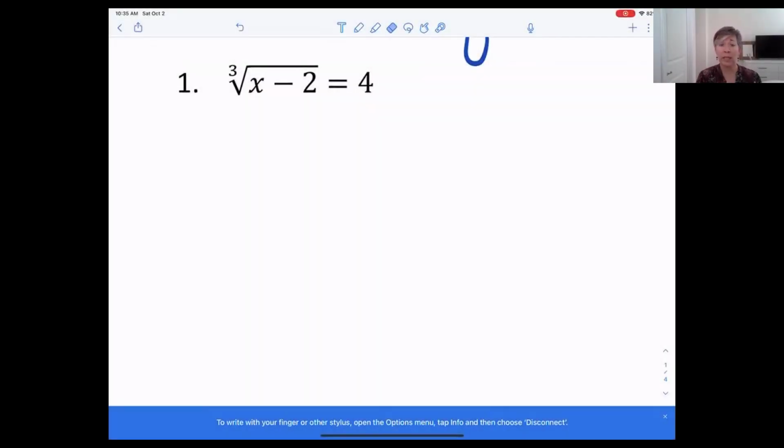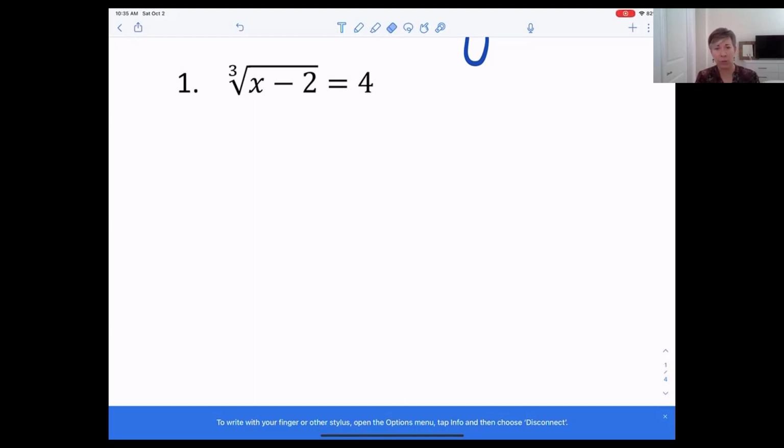So for example, in number 1, we have the cubed root of the quantity x minus 2 equals 4. The radical is isolated, and so we need to get rid of that radical. Well, radicals like square roots and cubed roots have an inverse operation.